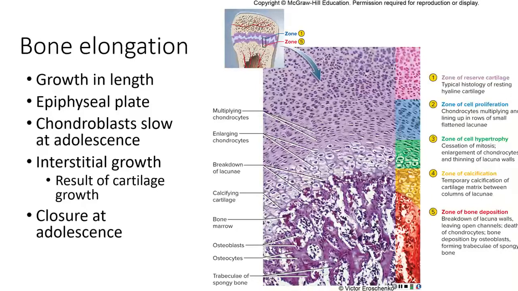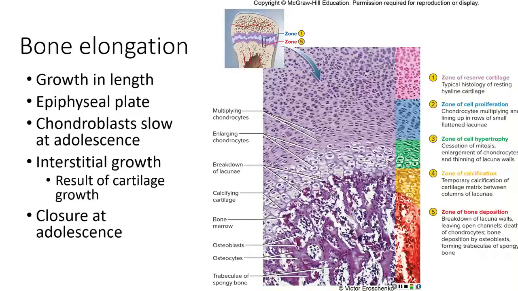Now, as we enter into adolescence, we're having a real sharp rise in those sex hormones. So we have a real strong growth spurt. But then late in adolescence, those sex hormone levels start to taper off to a more normal level that'll stay with us for most of the rest of our lives.